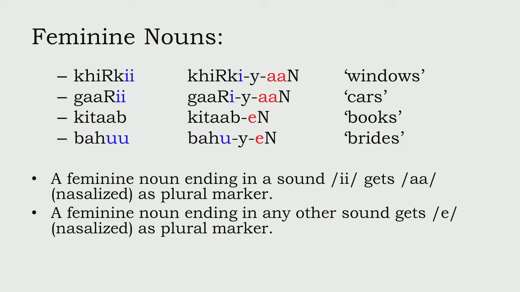So when we look at feminine nouns, again we find 2 types of feminine nouns. Nouns that end in a long E vowel, words like khidki, gaadi are examples of that. We will find many feminine nouns which end with long E, and then we are going to find many feminine nouns which do not end with long E, and examples are kitab and bahu.